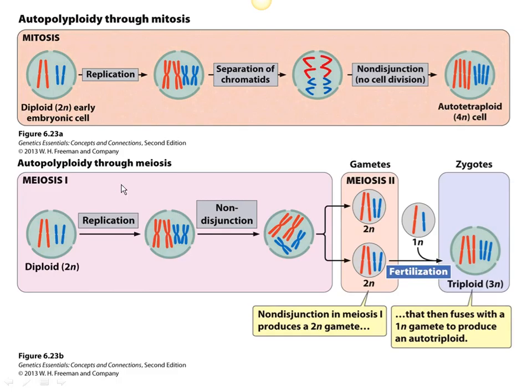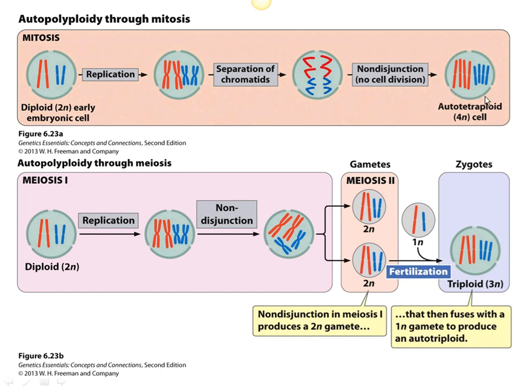So this is how you can get a polyploid cell in mitosis. You can have replication of the chromosomes, and you can have separation of chromatids, or you can have a cell that's in metaphase and gets stuck, but eventually the chromatids will separate. But if you don't have a cell division that follows that, it's basically what we call an aborted cell division.